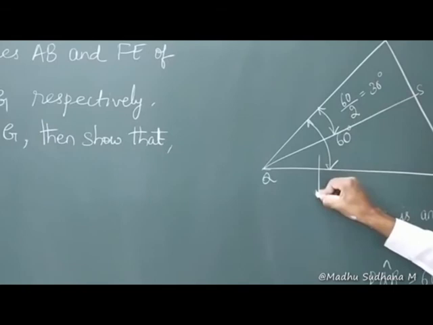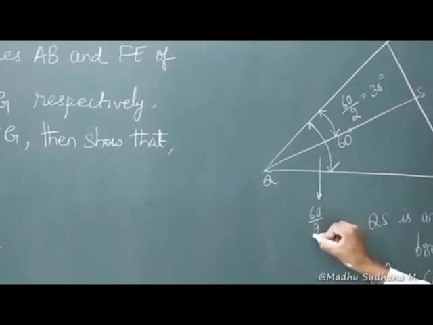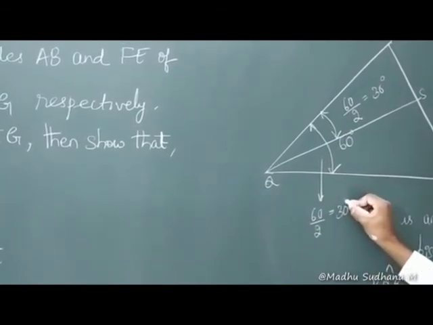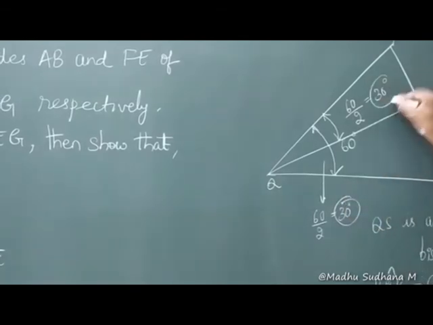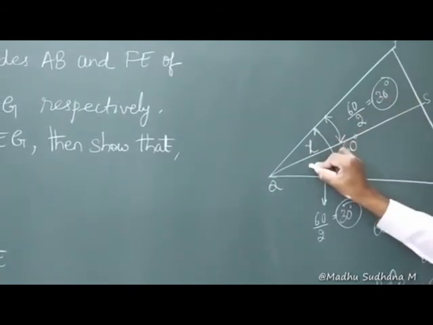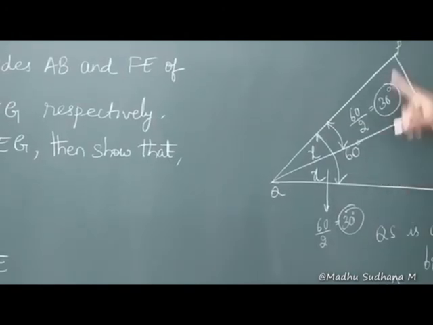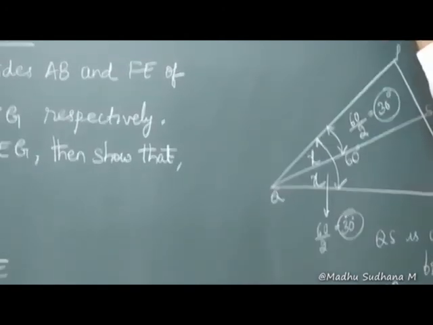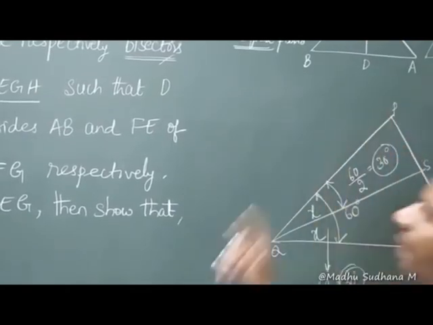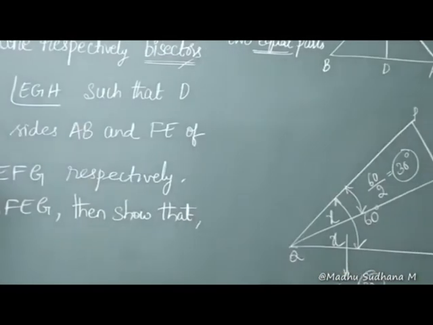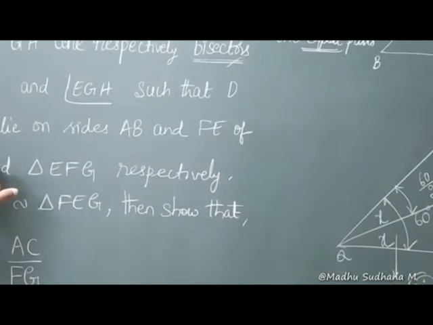And this angle is again 60 divided by 2, which is equal to 30 degrees, right? So this 30 degrees and this 30 degrees, can I mention that these both angles are equal? Followed it? So in this way, we have written that these both angles are equal. Then, such that D and H lie on side AB.